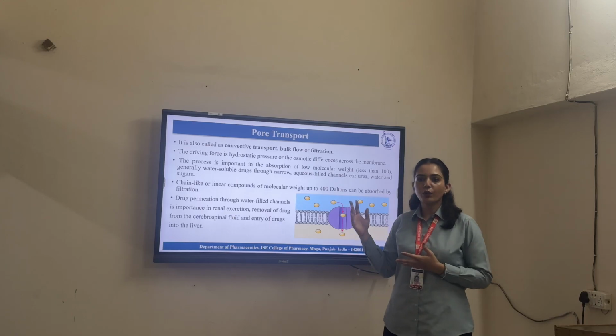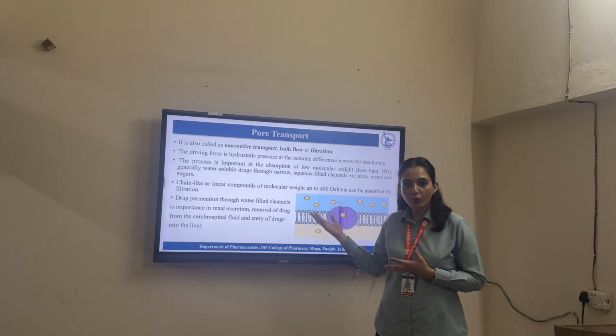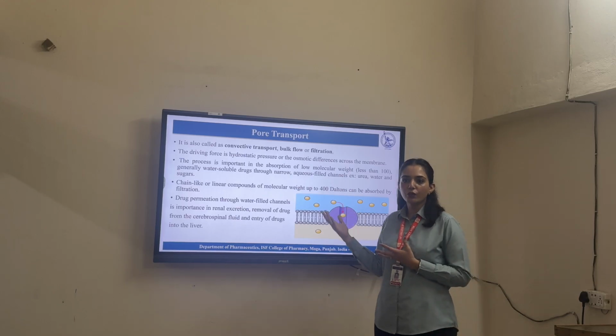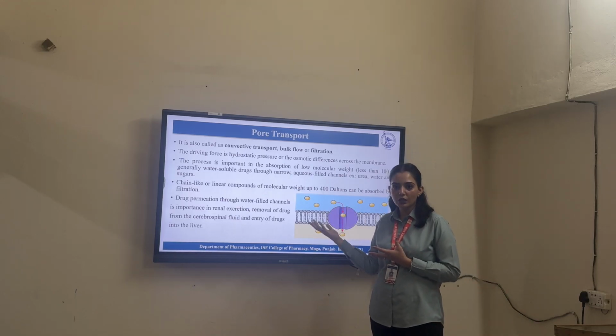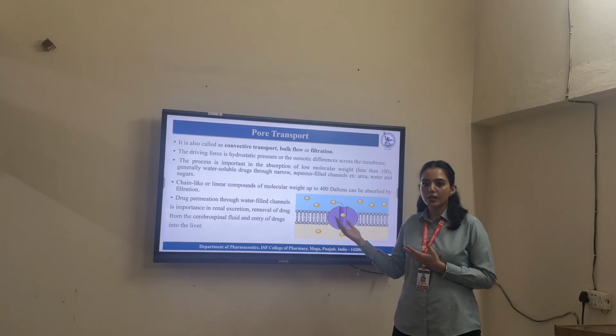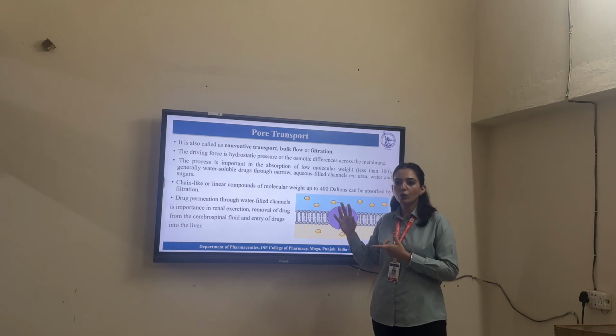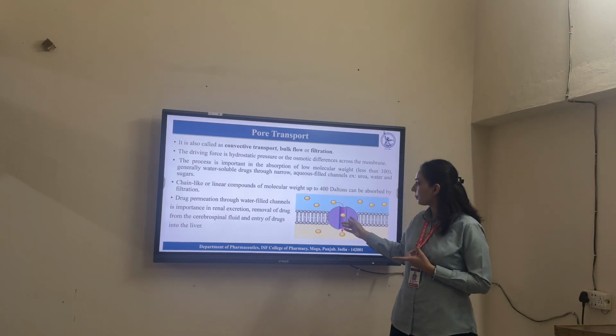The process is important in the absorption of low molecular weight drugs, generally water soluble, through narrow, aqueous-filled channels like protein channels. Chain-like structures can easily pass through the pores or protein channels, and their molecular weight must be lower than 400 Dalton. Drug permeation through water-filled channels.